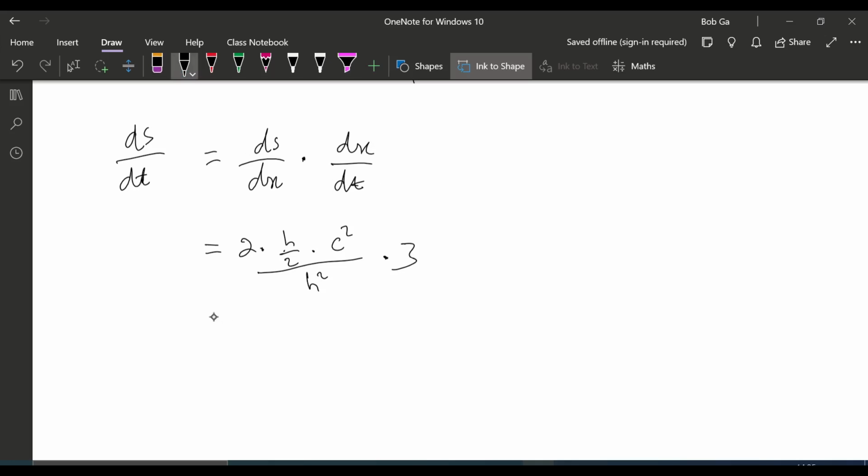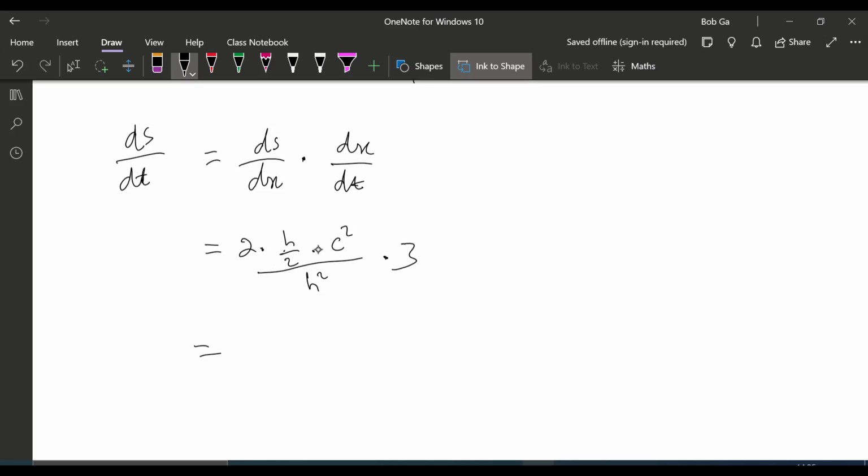So we now evaluate more. Let's deal with the numerator first. If we deal with the numerator, we see that this 2 is going to cancel. Forget about the h squared at the bottom there.